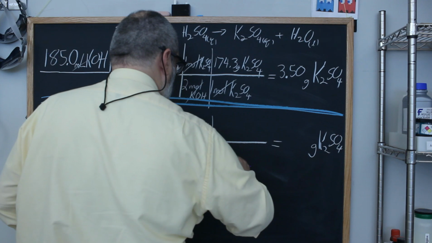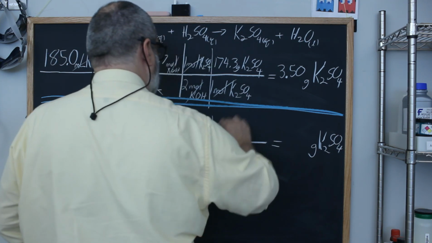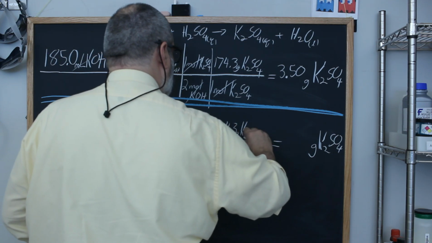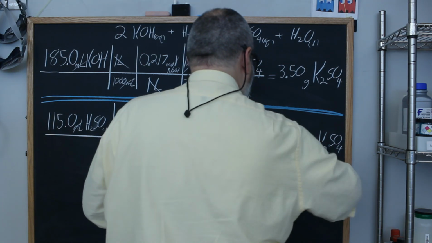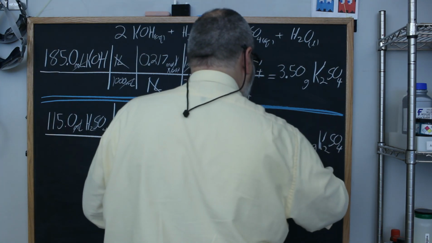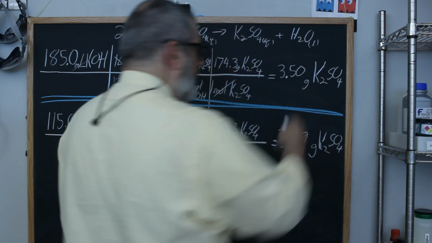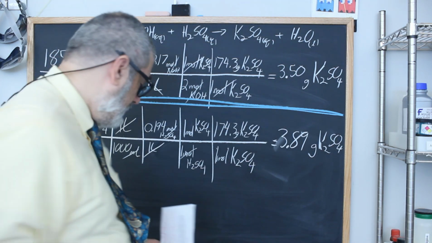So 1 mole of potassium sulfate is 174.3 grams potassium sulfate. And when you solve this, you end up with 3.89 grams.